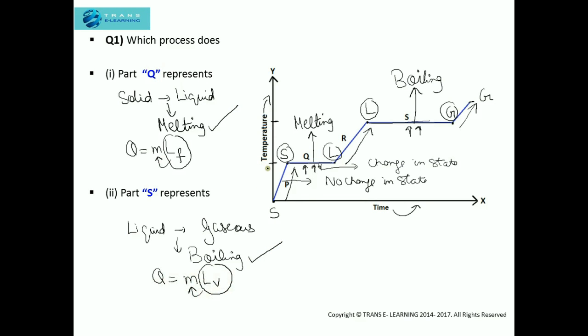And I would like to mention here that this point where the solid changes into liquid represents the melting point of the solid, and the point where the liquid changes into gas represents the boiling point of the substance. So for this graph and all of the graphs, these two points on the temperature axis represent the melting point and the boiling point of the substance.